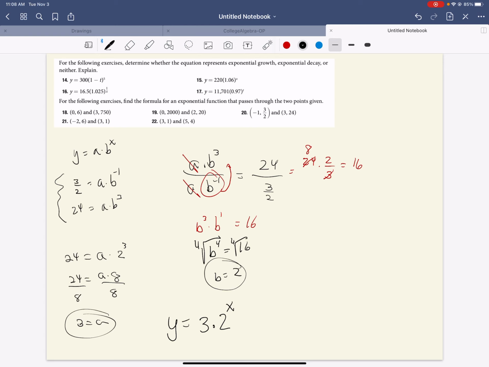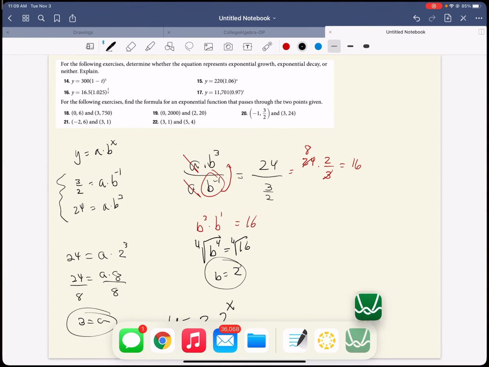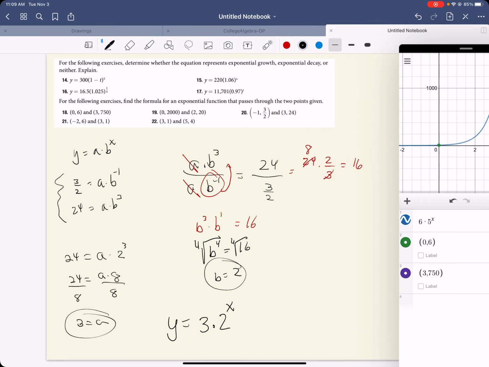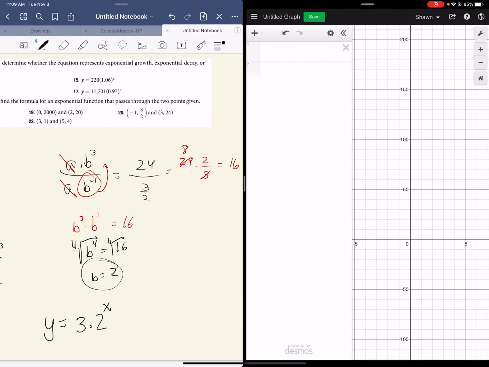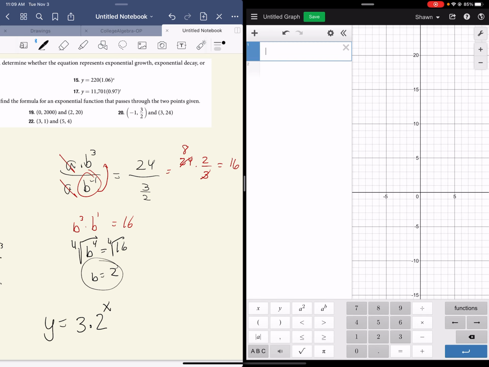And let's check that out now. If I delete that and zoom back to standard there, we said it's going to be 3 times 2 to the x power. And we have a couple points here, negative 1 comma 3 divided by 2.